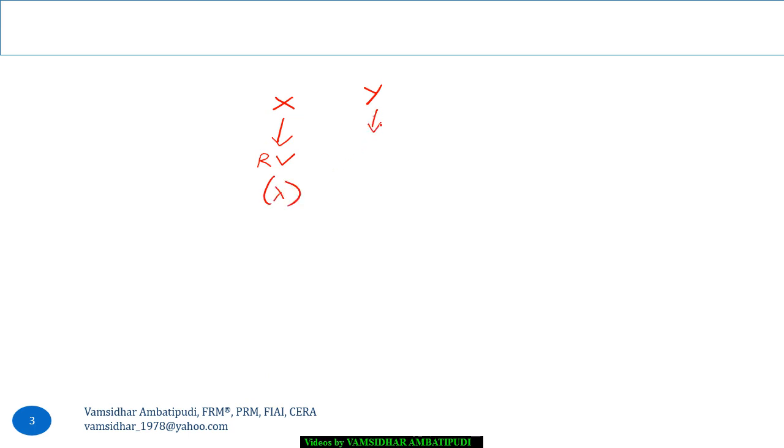Y is another random variable with a parameter mu. I want to find out the distribution of this total x plus y. I can very well say that this also follows a Poisson distribution with parameter lambda plus mu.